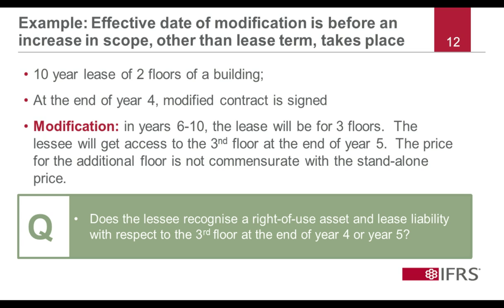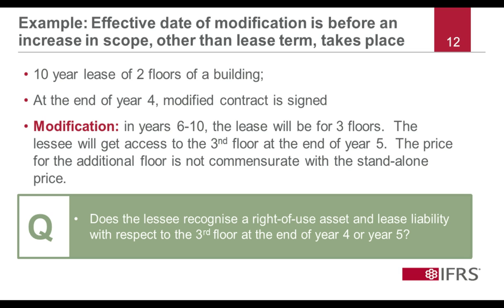The difference in this example, however, is that the lessee recognises the modified lease liability and right of use asset on the balance sheet only when the additional floor is available for its use, so at the end of year 5. In other words, measuring these amounts occurs based on the negotiation that took place at the effective date of the modification, but recognition occurs at commencement, when the additional asset is available to the lessee.